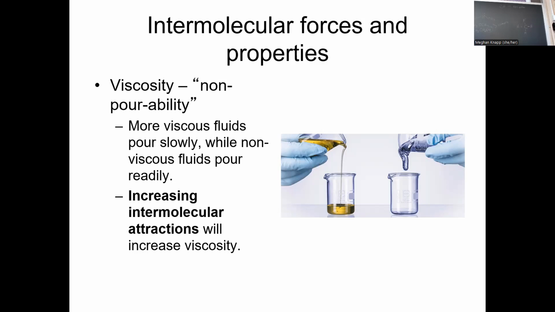The longer something is, the more places it can be attracting to something else. It's like using a longer piece of tape to stick something to the wall, okay? So if I'm being asked about something that has the same intermolecular forces, then I'm going to go to how long is it or how many electrons does it have. So if I'm comparing oils, the longer one.